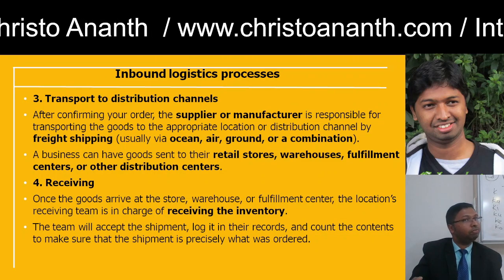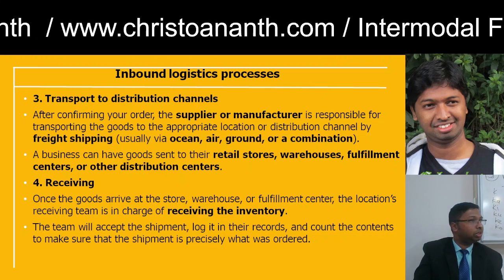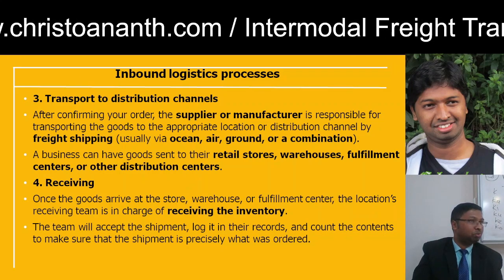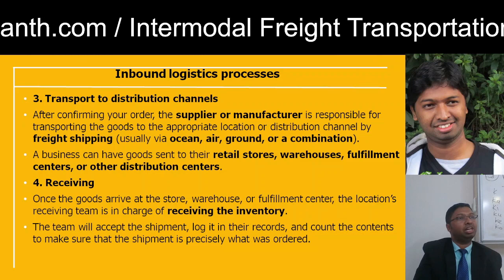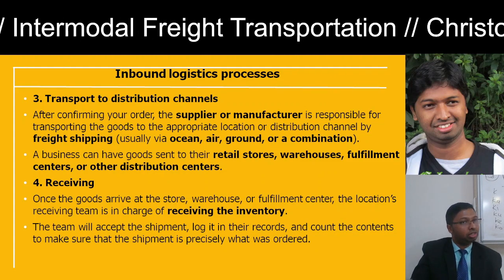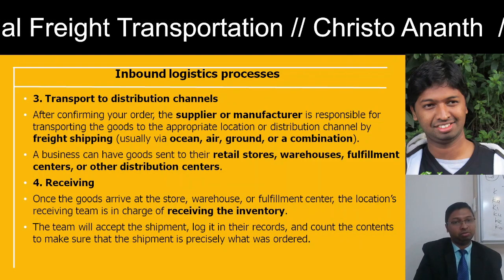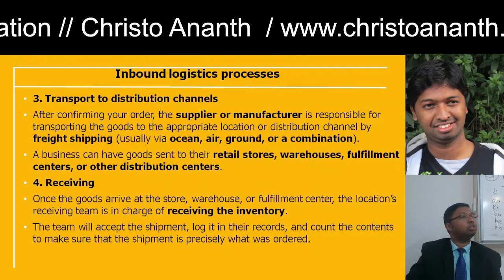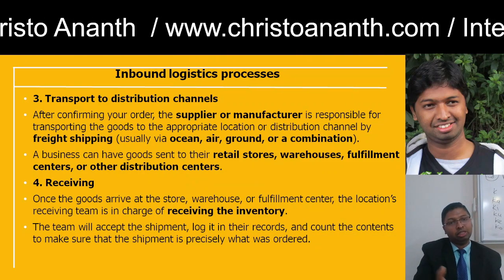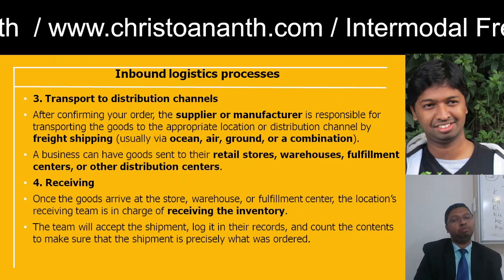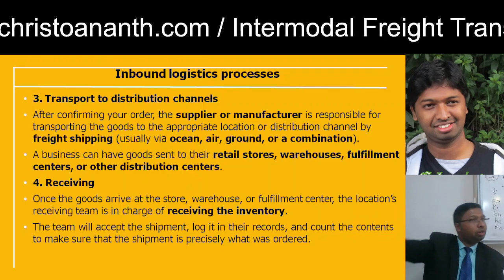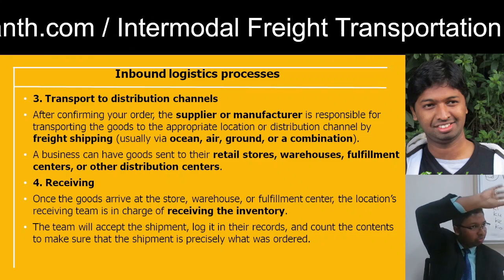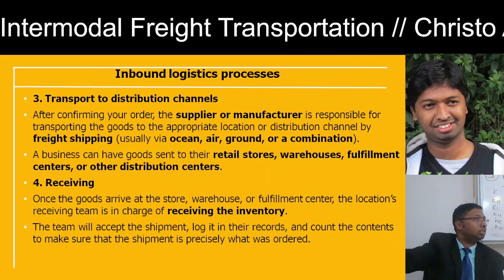Only then would the process be much easier. You can save time and effort, and reduce the manpower needed. The team will accept the shipment, log it in their records, and count the contents to make sure the shipment is correct in the way it was picked, packed, distributed and received.